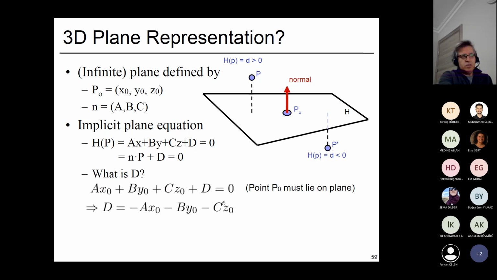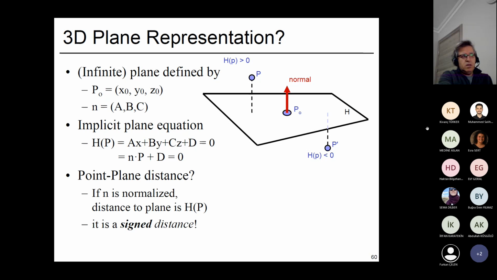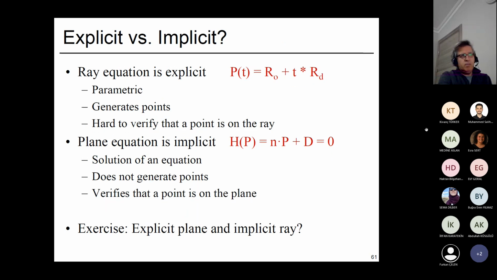I can do this one. So I put this in, and I find the solution. I found the solution for t.